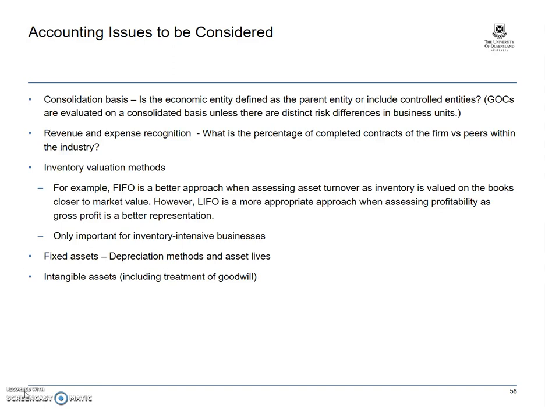If we're looking more at assessing profitability, last in, first out will potentially be better in terms of being a bit more conservative with the profitability. So this would be useful if it's an inventory intensive business. If they don't have a lot of inventory, obviously that kind of example would not be as important.